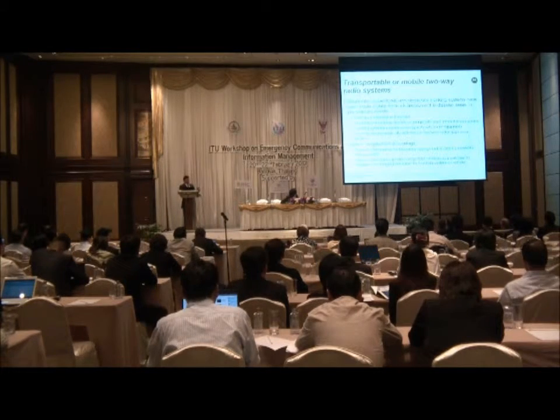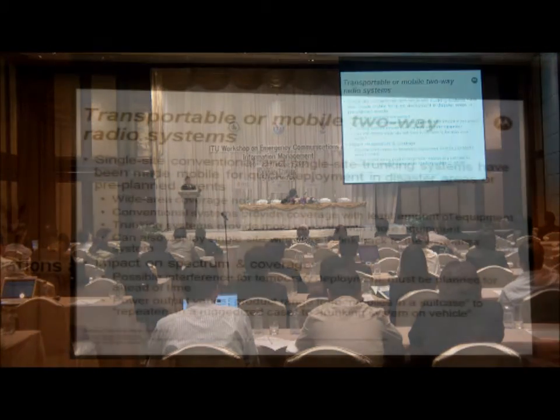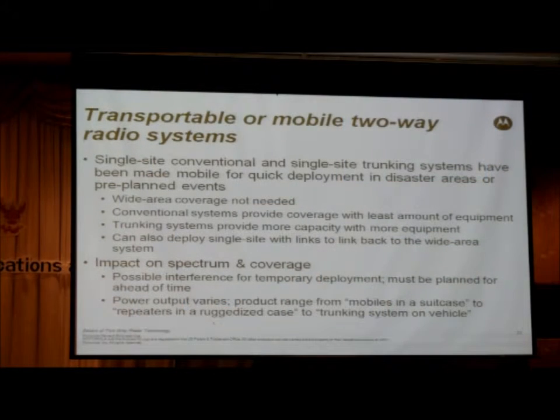Of course, you have to make sure that you have the necessary spectrum resource that is needed in that area, and you have the power availability, etc. So those are things that you need to plan when you plan for a transportable, but transportable systems have been implemented and are very extensively available today for use in emergency situations.